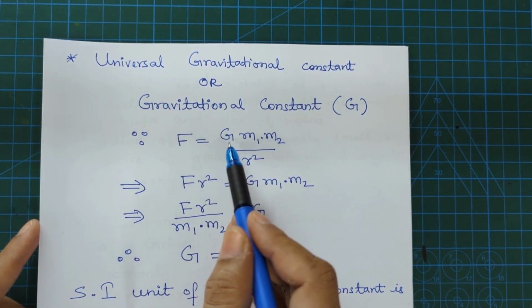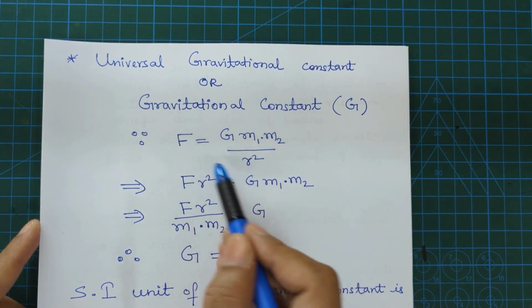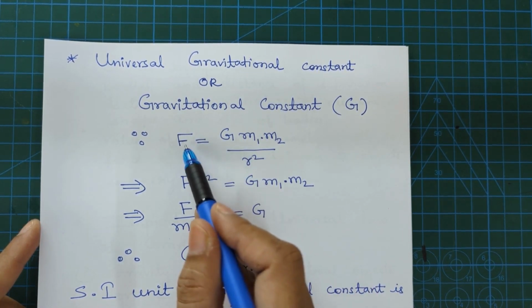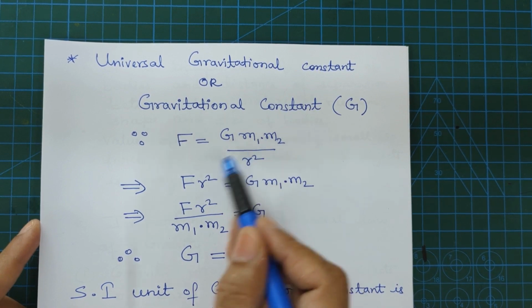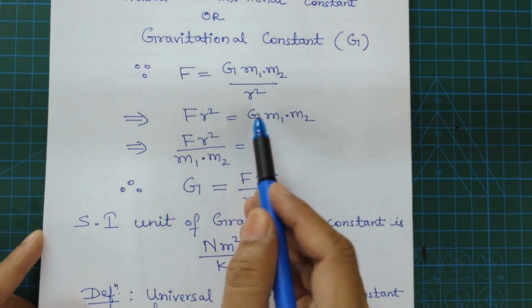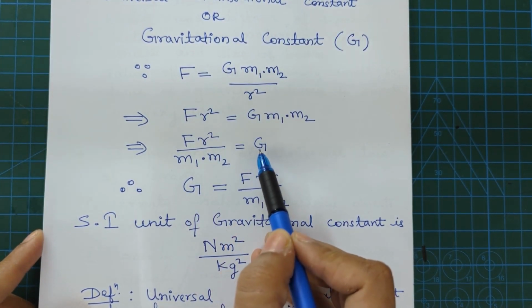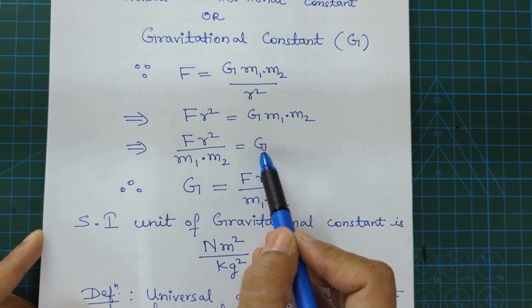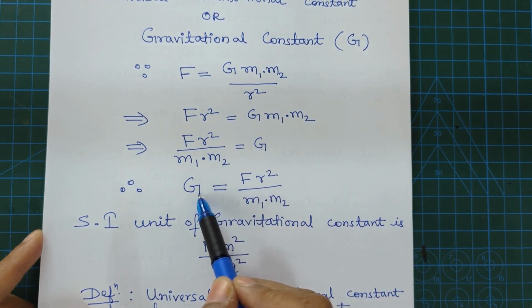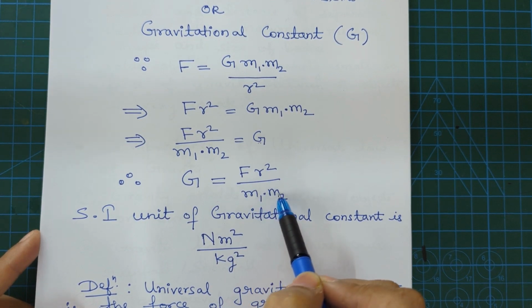So this we found in the mathematical expression of universal law of gravitation, that is F is equal to G m1 into m2 by r square. Here we make slight changes: r square we multiply to this and m1 m2 we bring down. By transposing r square and m1 m2 to the other side, we get the mathematical expression for universal gravitational constant, which is G equal to F into r square by m1 into m2.